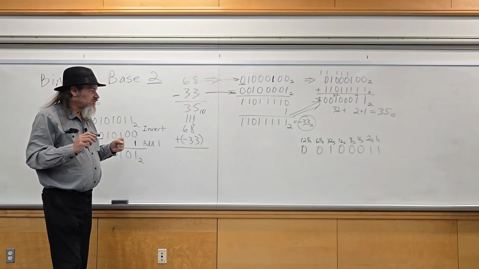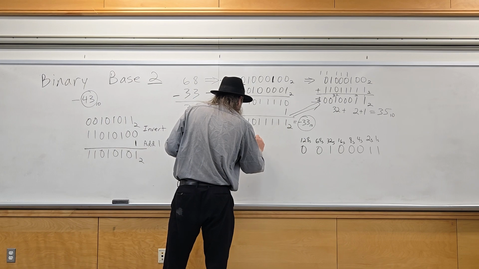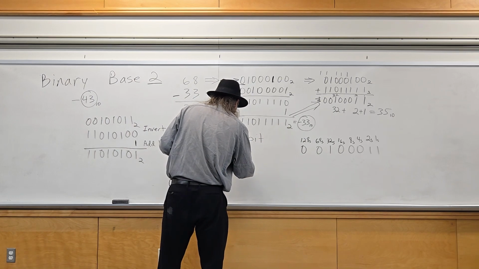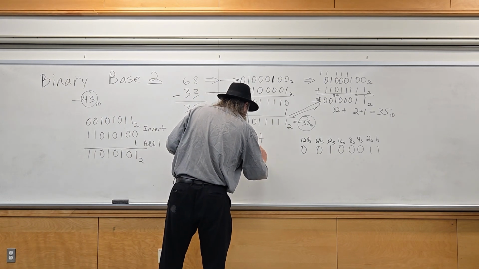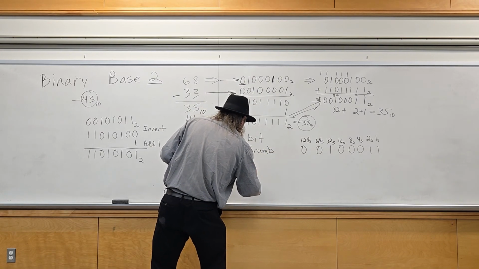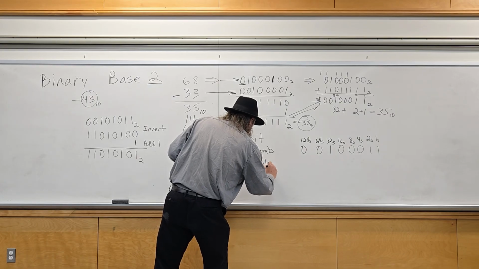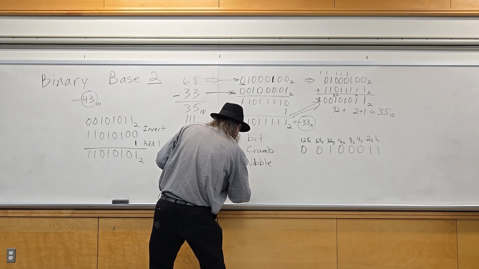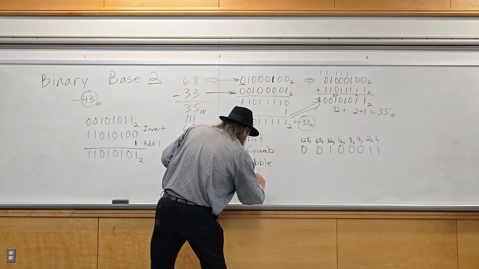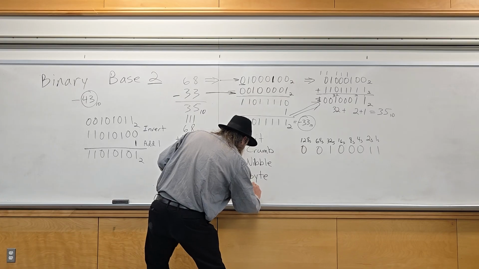Just as a review, 1 is a bit, 2 is a crumb, 4 is a nibble, and 8 is a byte. 16 is a word.